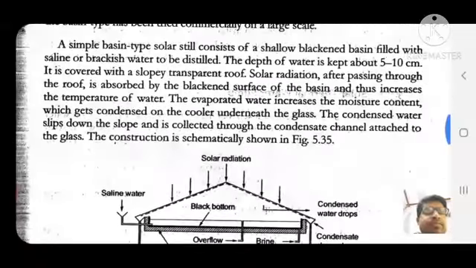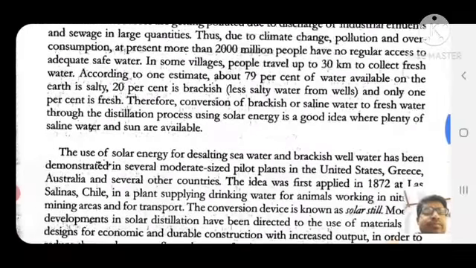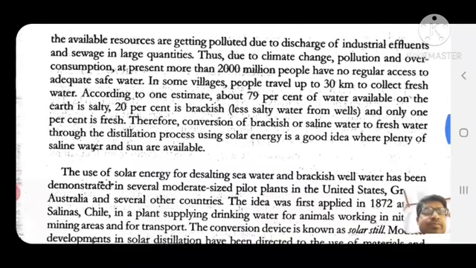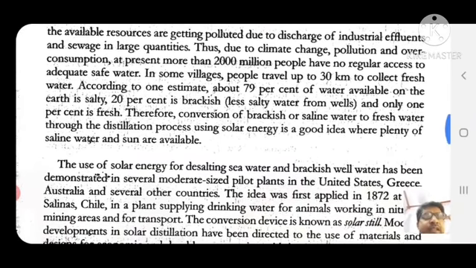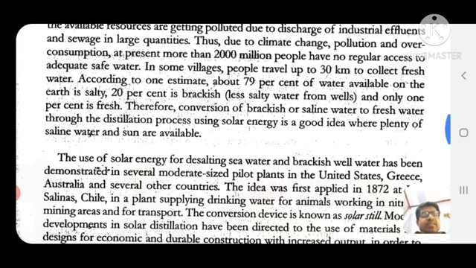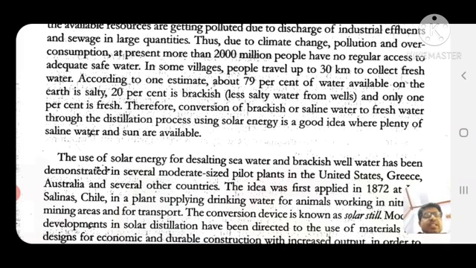Also, the available resources are getting polluted due to discharge of industrial effluents and sewage in large quantities.